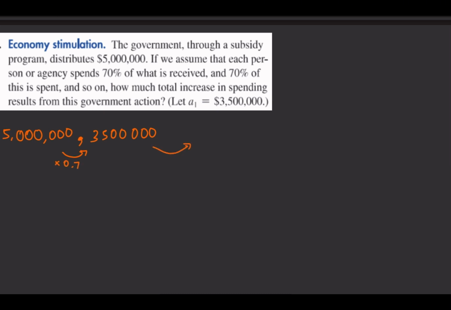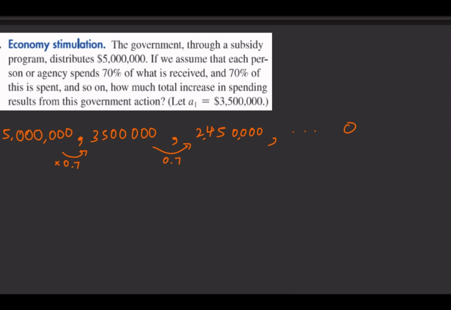Then we multiply by 0.7 again, you get 2.45 million, and so on until the amount gets to 0, right?